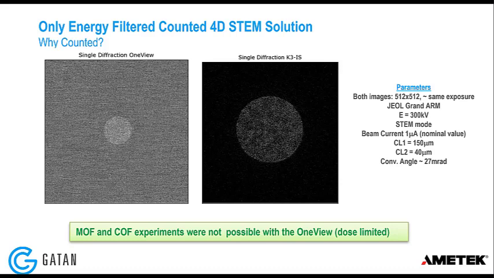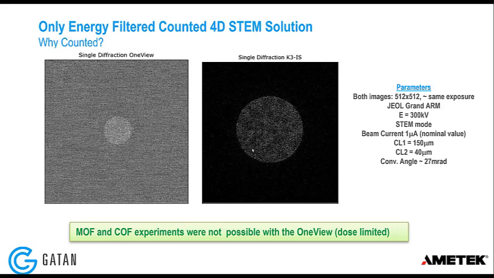This slide is generously again provided by Roberto, on the same microscope, same sample, exact same microscope conditions. You can see the difference in signal to noise ratio between a OneView camera, which is a scintillator-based camera, versus a K3 camera, which is a direct detection counting camera.